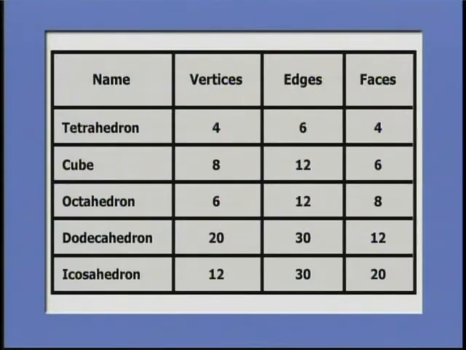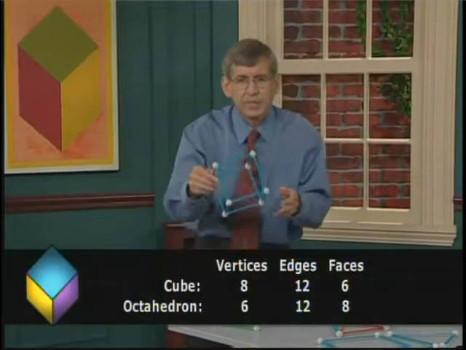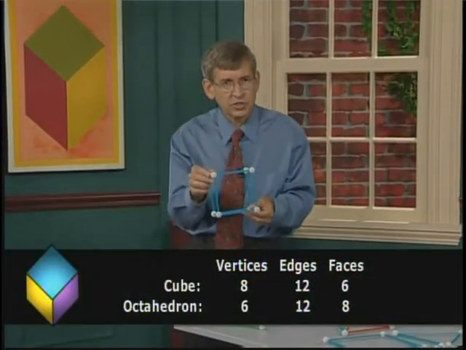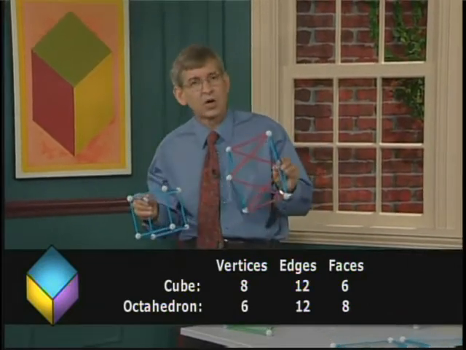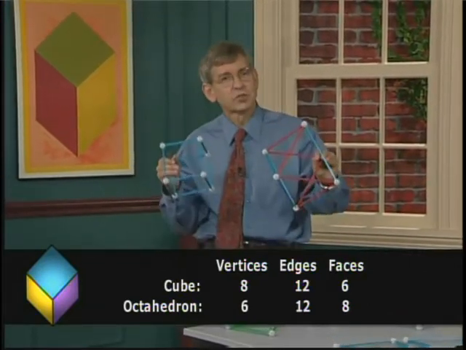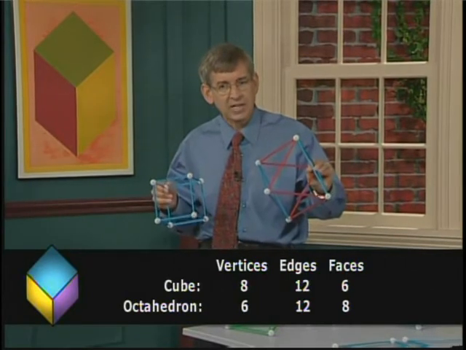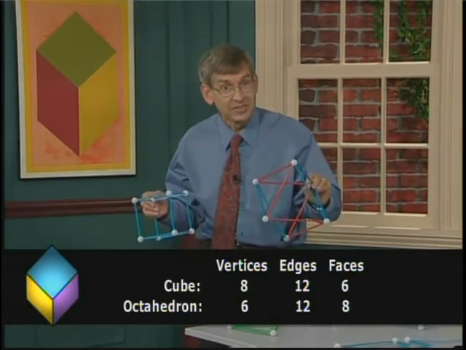If you look at the number of vertices and edges and faces in, for example, the cube and the octahedron, well, you notice something about them. Let's read them off. For the cube, there are 8 vertices, 12 edges, and 6 faces. For the octahedron, there are 6 vertices, 12 edges again, and 8 faces.